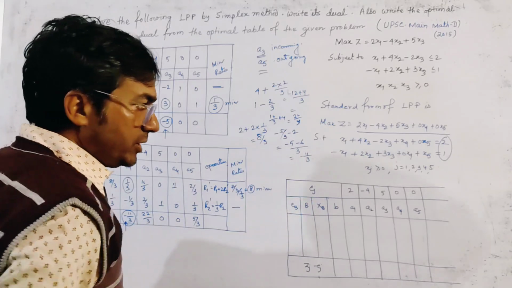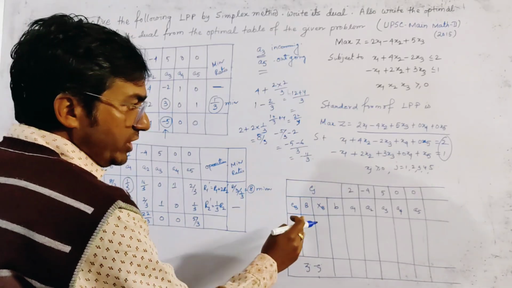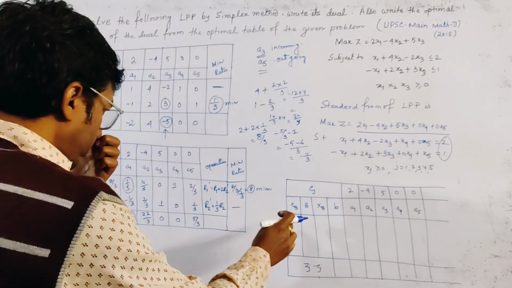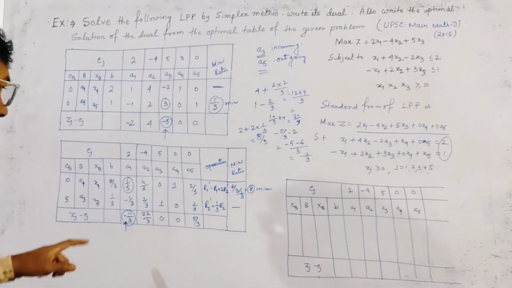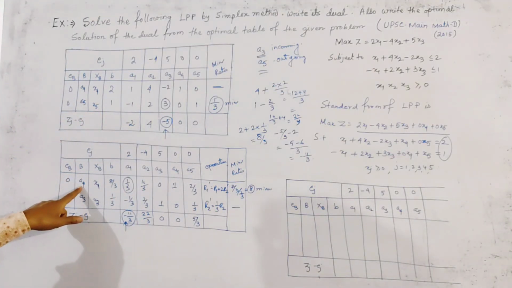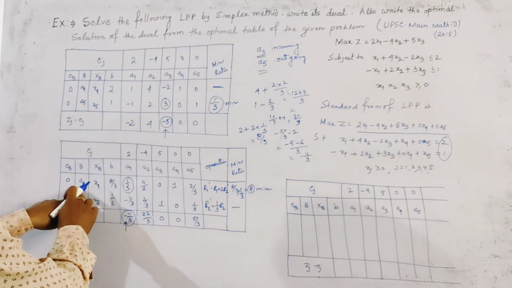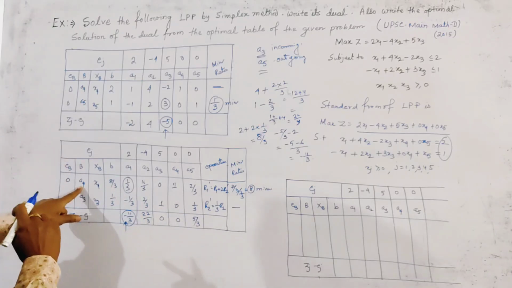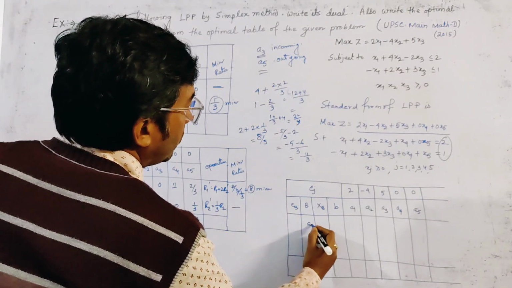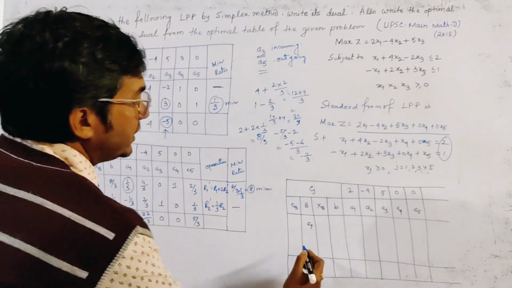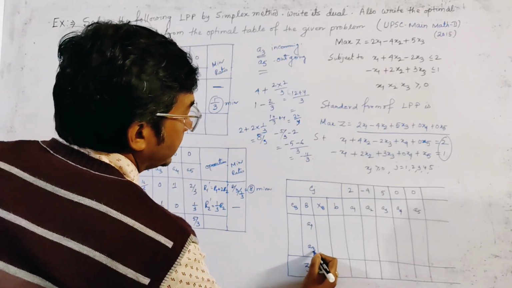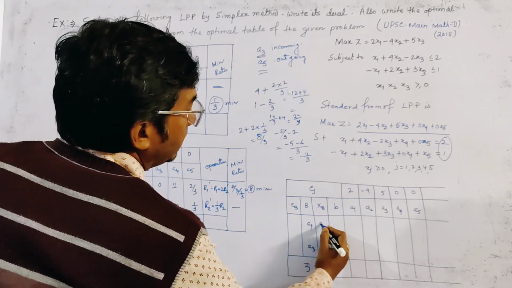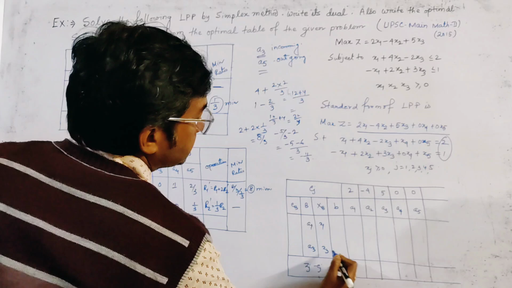The third simplex table, we start to fill the table from the basis column. Here we write A1 in place of A4 because A4 is outgoing and A1 is incoming. Okay, so A1 and this is A3 as above. A3 and the corresponding variables are x1 and x3.